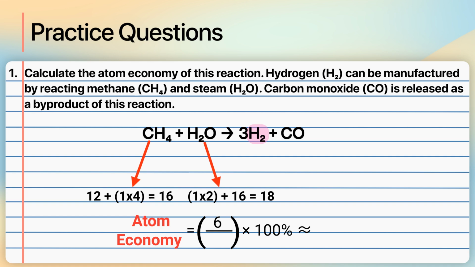The sum of relative formula mass of reactants is 16 plus 18 equals 34. When we substitute the values into the formula, we get the following. Atom economy equals 6 divided by 34 times 100% approximately equals 17.6%. This tells us that the reaction has an atom economy of 17.6%, meaning 17.6% of the mass of the reactants is converted into the desired product, hydrogen.